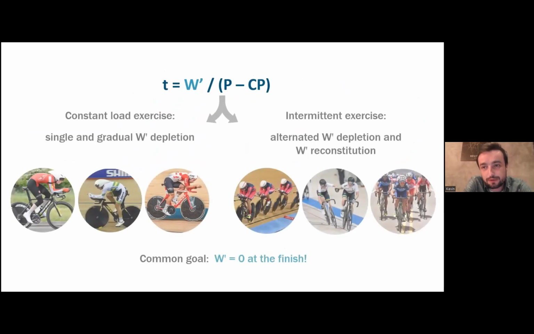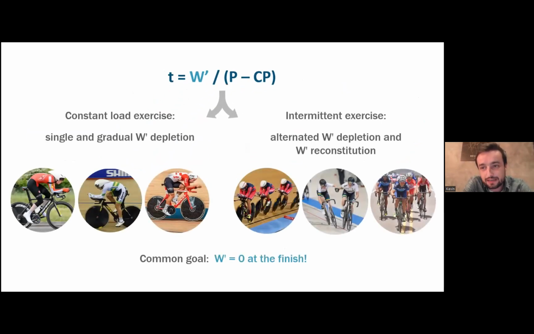However, of course, in reality, there are very few sports disciplines in which there's one single and gradual depletion of your W prime. For example, if we take road cycling, it's not that those cyclists produce an equal power above their critical power the whole time.